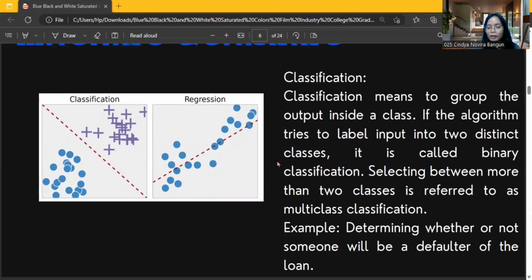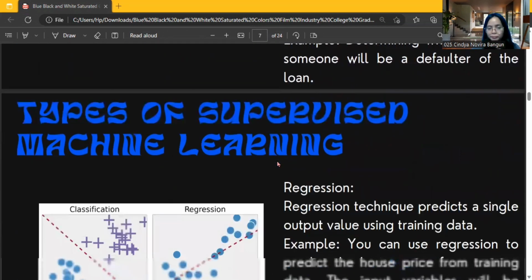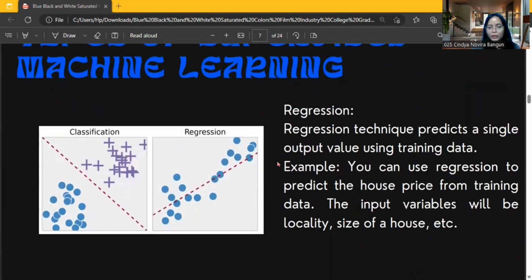Example, determining whether or not someone will be a defaulter of the loan. 2. Regression. Regression technique predicts a single output value using training data. Example, you can use regression to predict the house price from training data. The input variables will be locality, size of house.